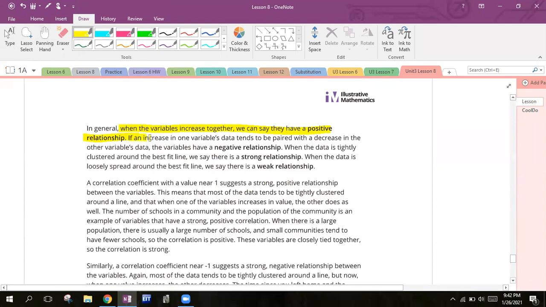If an increase in one variable tends to be paired with a decrease in the other variable, it's negative, aka if you looked at a graph, it would be decreasing. When the data is tightly clustered around the best fit line, we say it has a strong relationship. And when the data is loosely spread around the best fit line, we say there is a weak relationship.